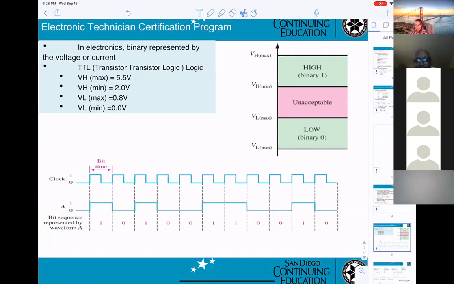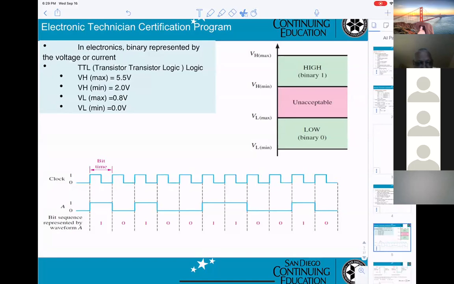However, the clock cannot go negative. 0 will be 0 volts, 1 will be 4 or 5 volts. So you can say 0 here, high here, and it keeps running forever. From here to here is one period.